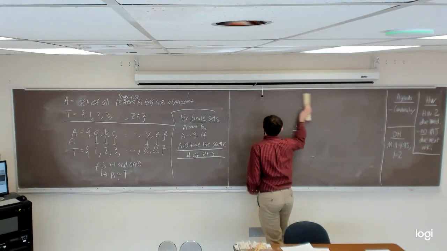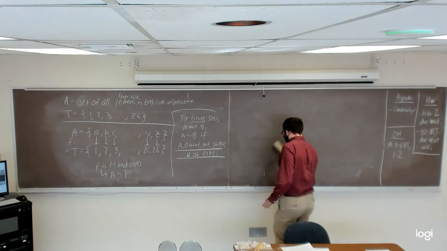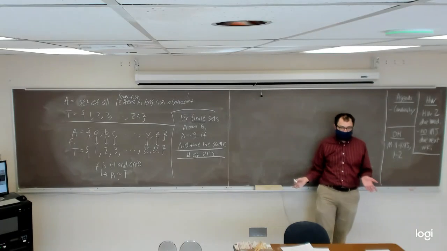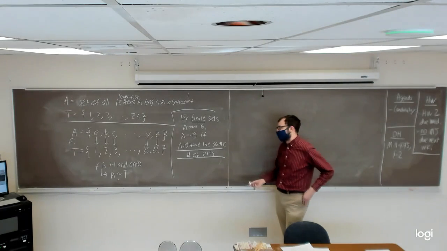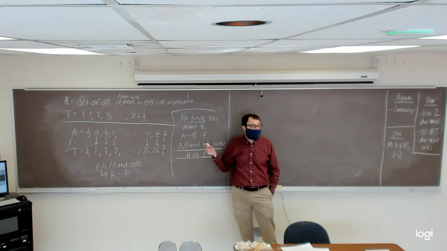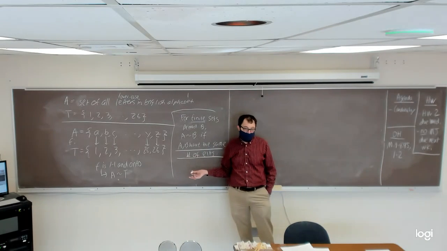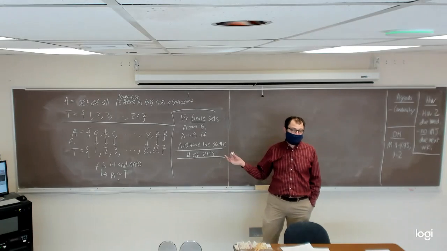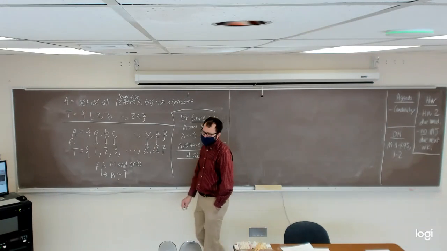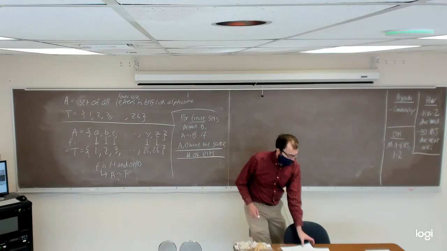So I have a question. If A and B have the same number of elements, I claim you can always form a one-to-one correspondence between them by just saying, map the first element in A to the first element in B, second element in A to second element in B, third element in A to third element in B, last element in A to the last element in B. What goes wrong if one of them has more or fewer elements?